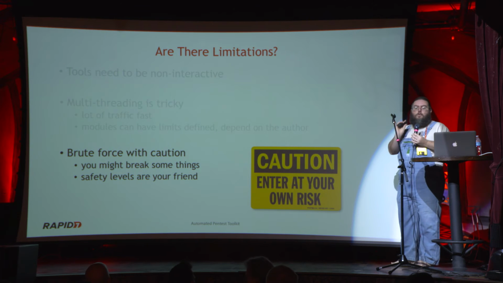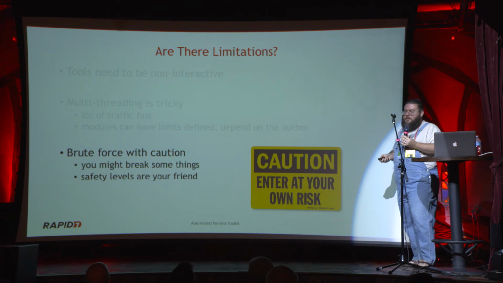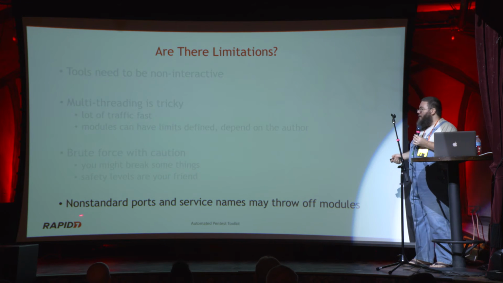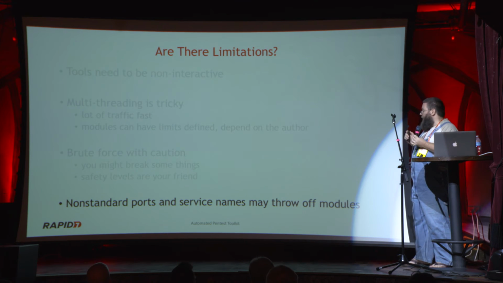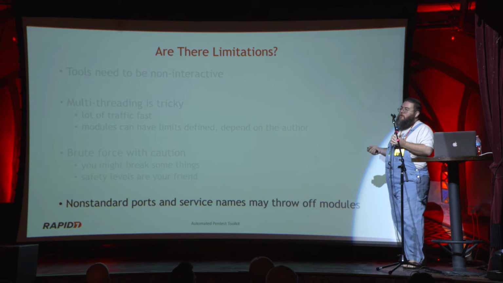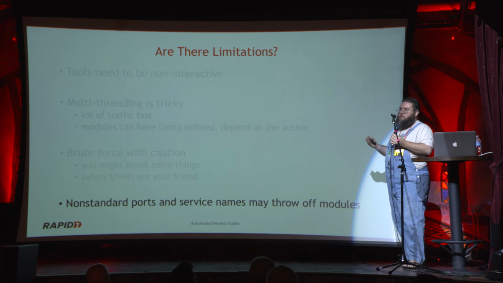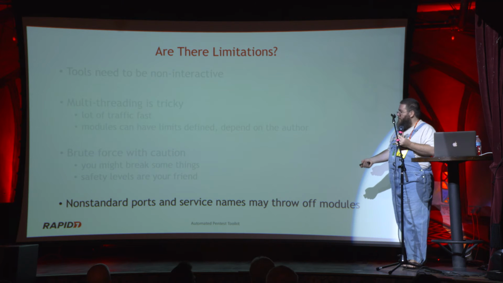It's all depending on what kind of network you're looking at and how risky you want to be. At the moment, I haven't addressed this, but I hope to at some point. Non-standard ports and service names can throw off the modules. For example, if you're running, let's say a common one, Telnet, but you're running it on port 2000 for some reason, the module isn't going to detect it based on the port.